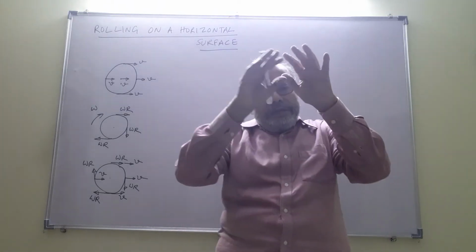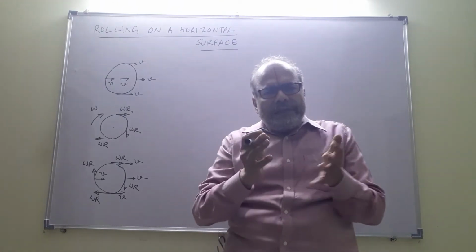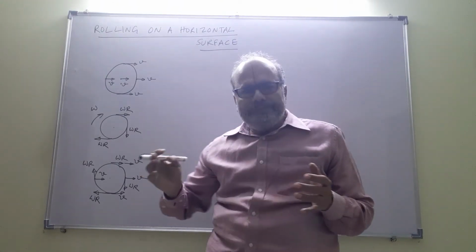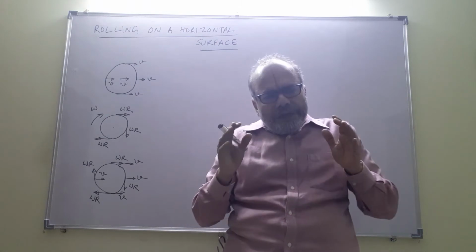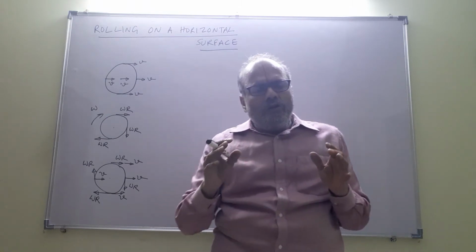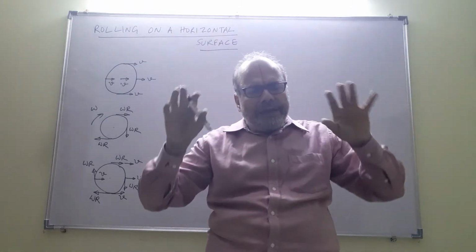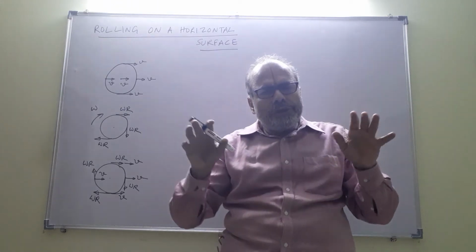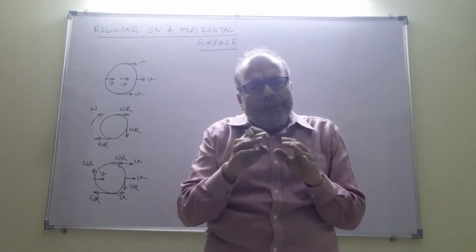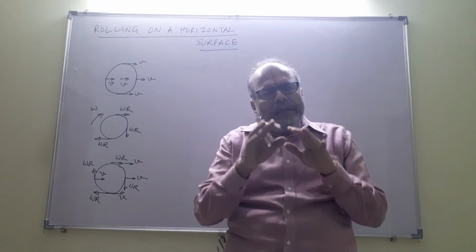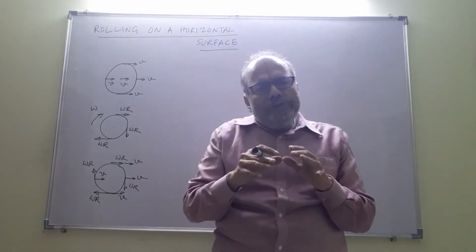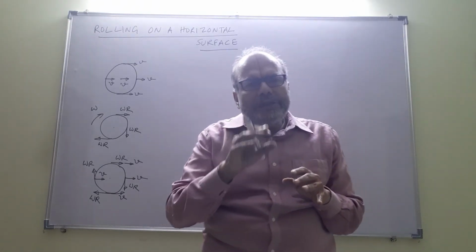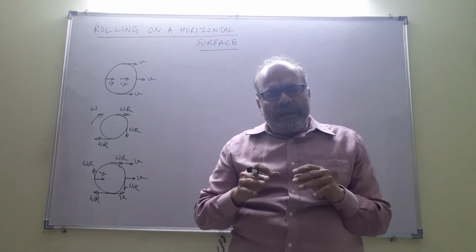Now, when you have a system of particles like a wheel, as we have shown here, to study translation, wherever the forces may be acting, all those forces are brought to the center of mass and the entire body is assumed to be concentrated at the center of mass as a particle.